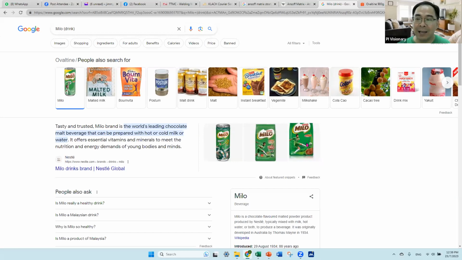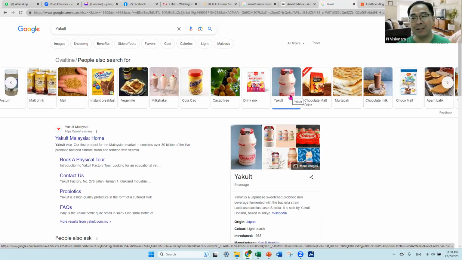Satu lagi, Vitagen and Yakult. Vitagen, I'm not sure about your time, but during my primary school, Vitagen came to my primary school and did the offer, buy 5 free 2.